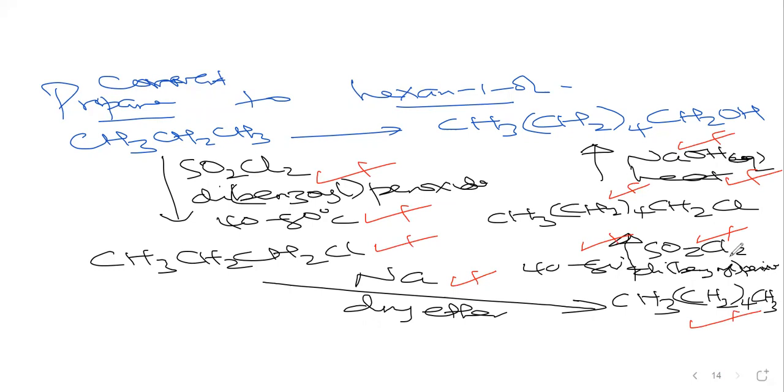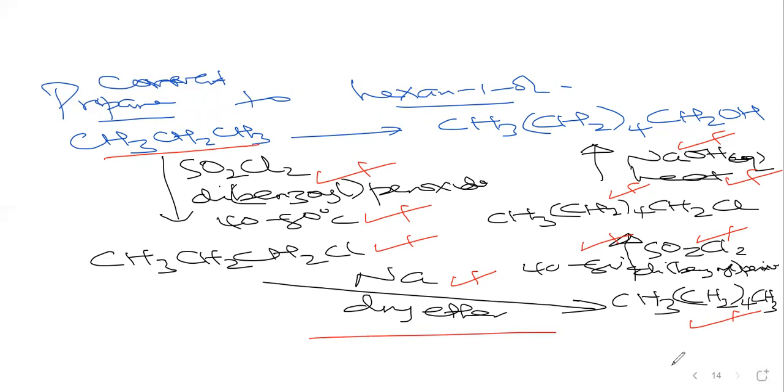So that's one synthesis in which you can apply the reaction I've just talked about. That's one reaction by which we can get haloalkanes from alkanes themselves. I hope Linda and Marvin have got this.